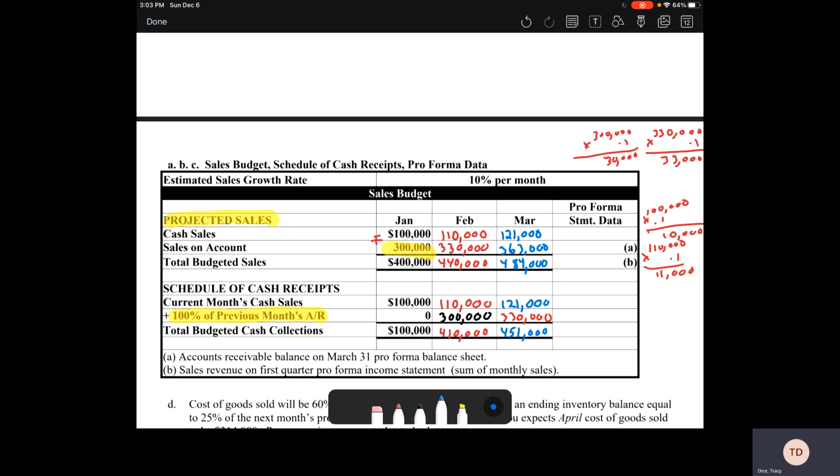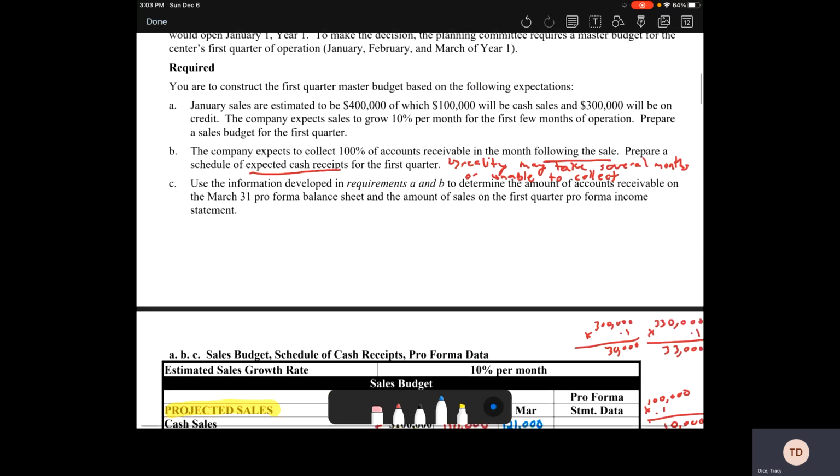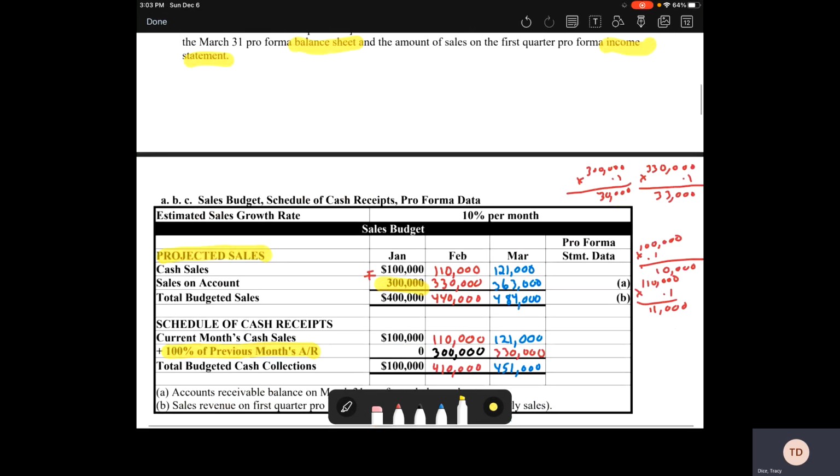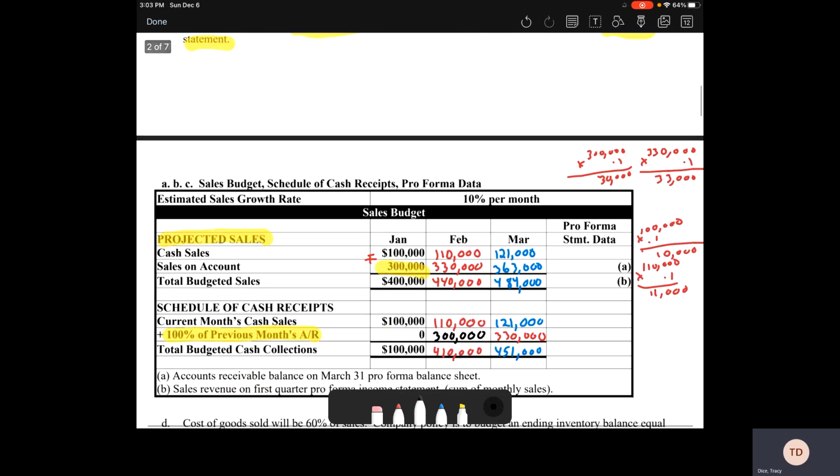So now we're going to go on to Part C, using the information developed in A and B. Determine the amount of accounts receivable on March 31st for the pro forma balance sheet, and the amount of sales in the first quarter for the pro forma income statement. So when we look down here, we're going to see our accounts receivable balance on March 31st.